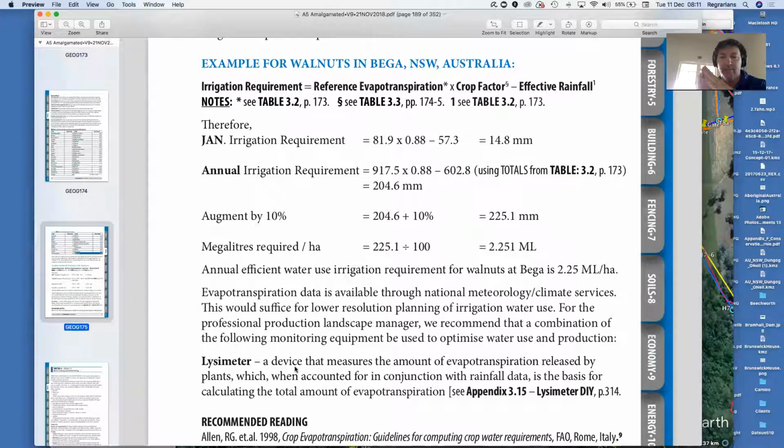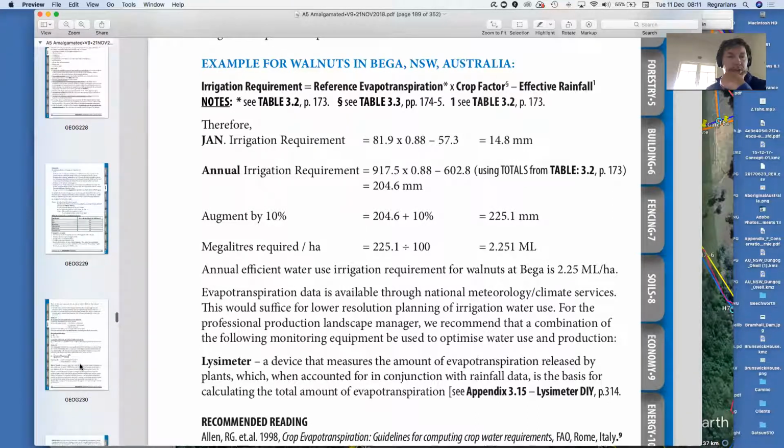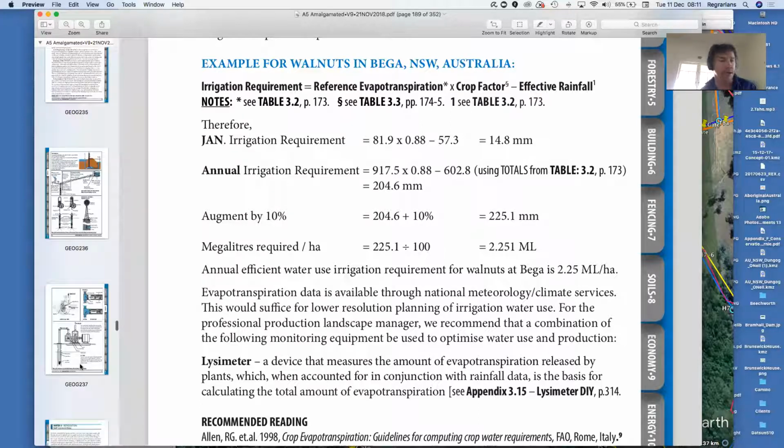What it does is measure the amount of evaporation released by plants, but accounts for that in conjunction with rainfall data. So it's kind of like what I talked about before, but it's an in-ground example.